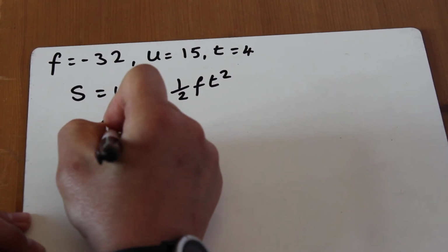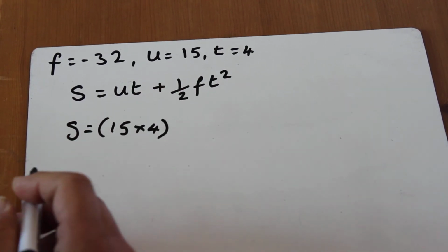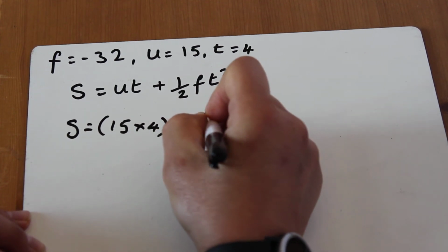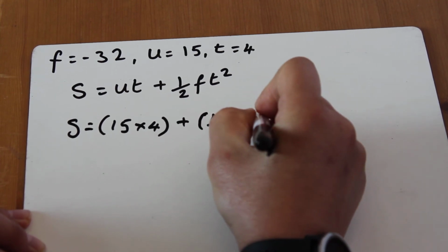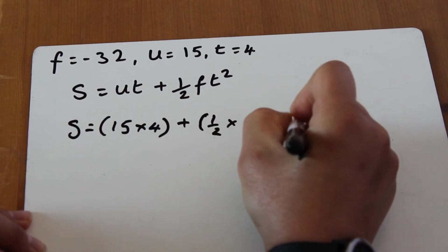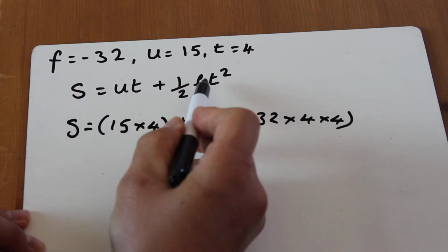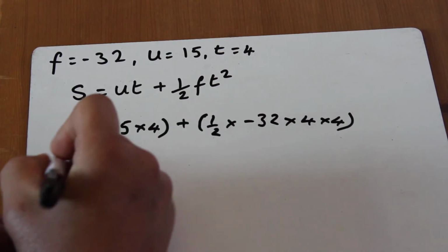So I'm going to use brackets here because there's loads of stuff flying around. So that's 15 times 4 plus, and then inside the brackets a half times minus 32 multiplied by 4 multiplied by 4, because the t is squared. So it's only the t that's squared, not the f as well.